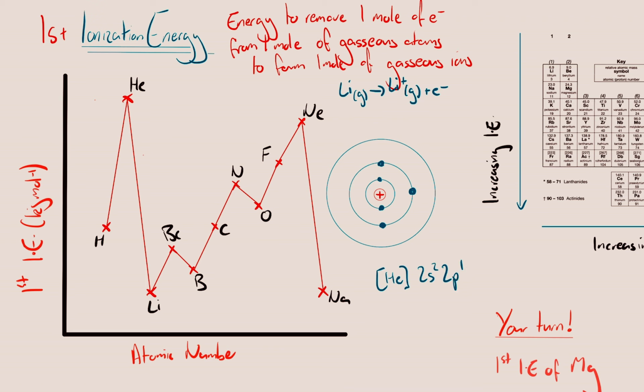So what boron is showing us is that when we go to 2p1, this is slightly further away from this positive nucleus, and so there is a slight change here. So we can label this across here, 2p1, so further away. And here, new shell.